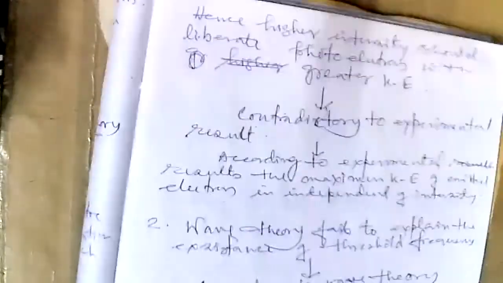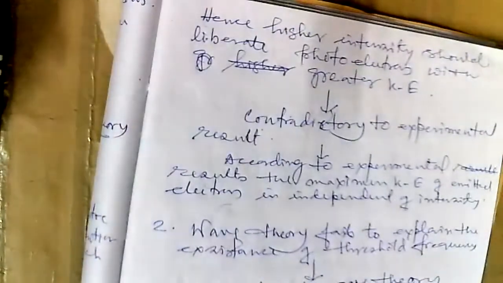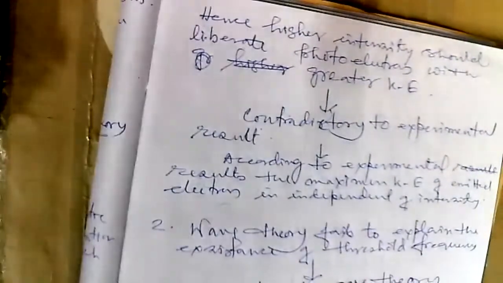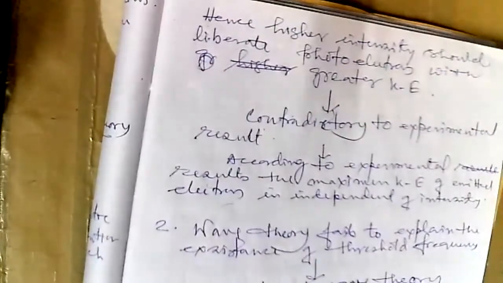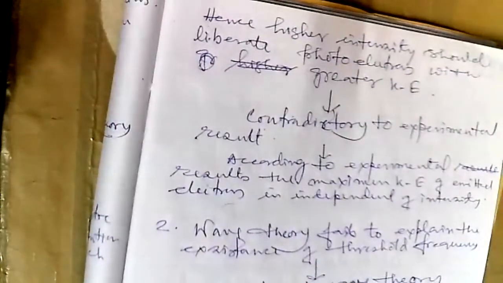One electron is gathering a very small amount of energy, so we need extra time. But it has been experimentally observed that the emission is instantaneous. So we have to search for some new mechanics at this point.